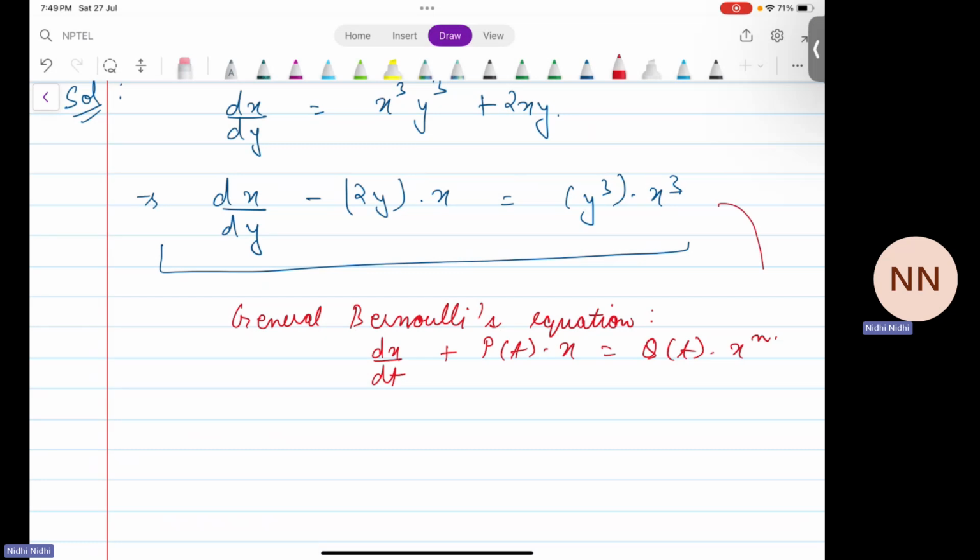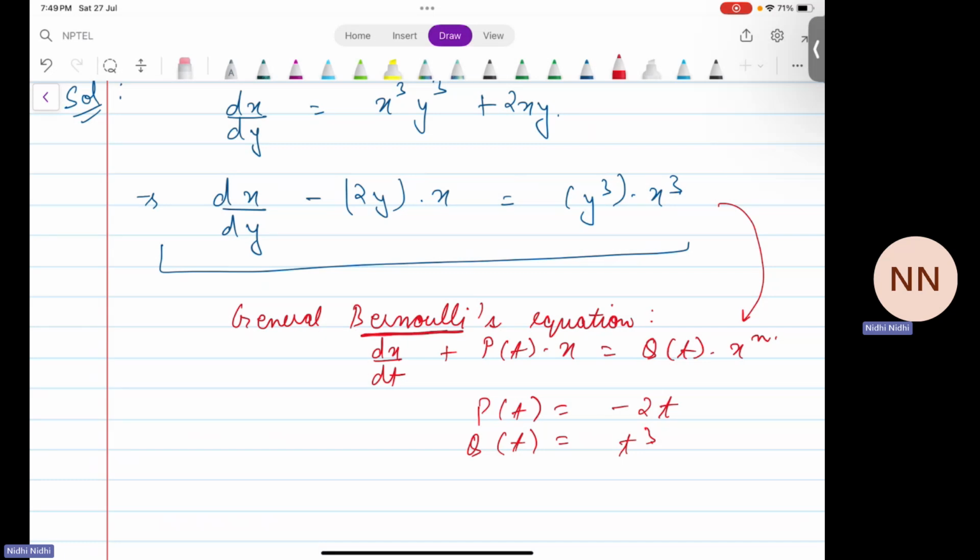So here we can see that our p of t, if we replace y by t, is basically minus 2t, and q of t is equal to t cube. So we are in the framework of Bernoulli's equation.